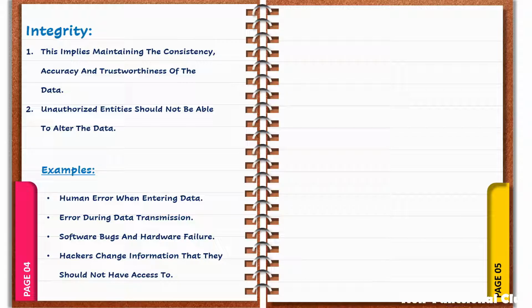Or you may have some software bugs or hardware failure due to which integrity issues can occur, or by chance a hacker gets access to the system and changes the information, and he should not have access to that particular information. So again, he can definitely use that information for incorrect purposes.